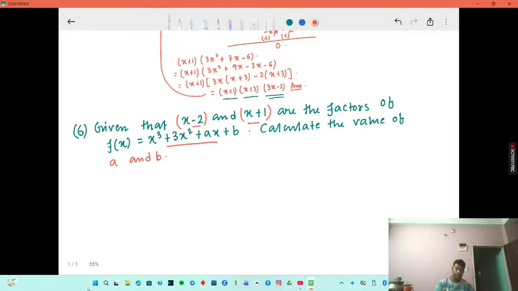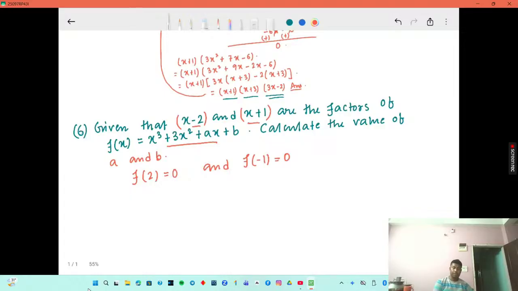So here I mean to say that f(2) is equal to 0 and f(minus 1) is equal to 0. Is it clear to you? Why? Because in the question it is given that x minus 2 and x plus 1 are the factors of this given equation x cube plus 3x square plus ax plus b.